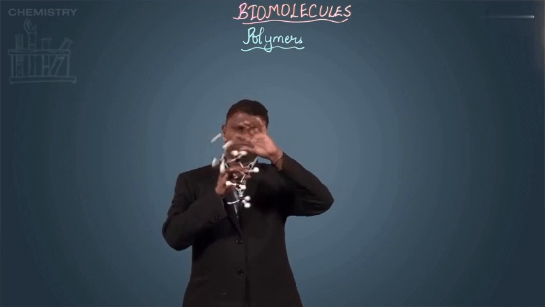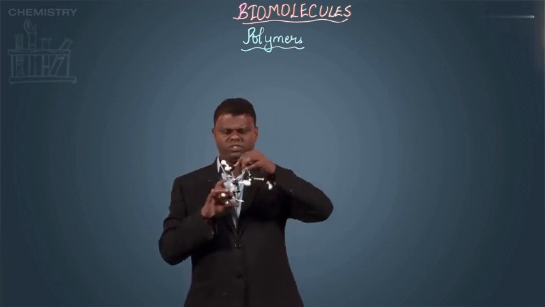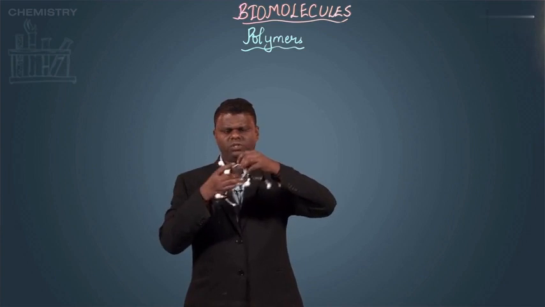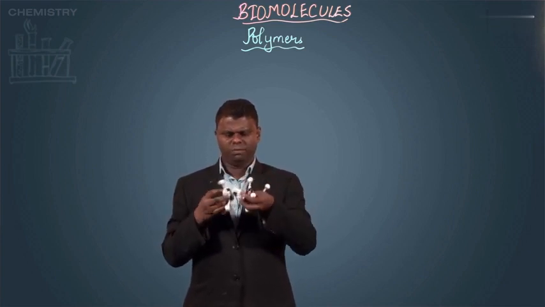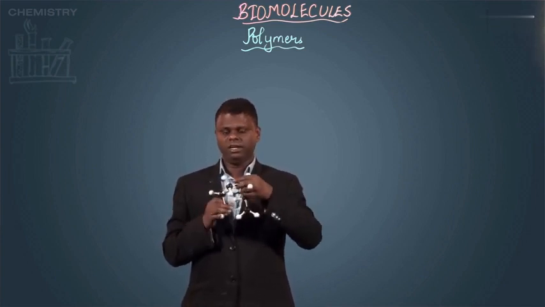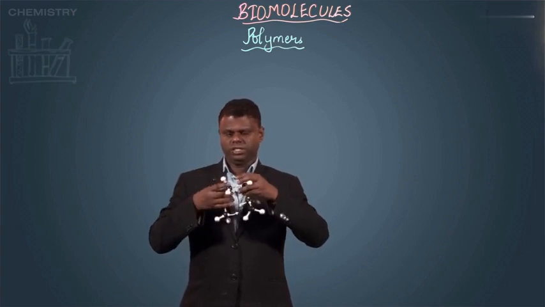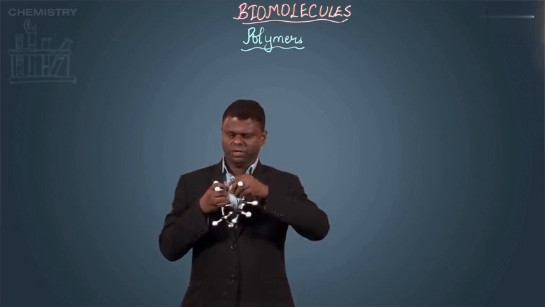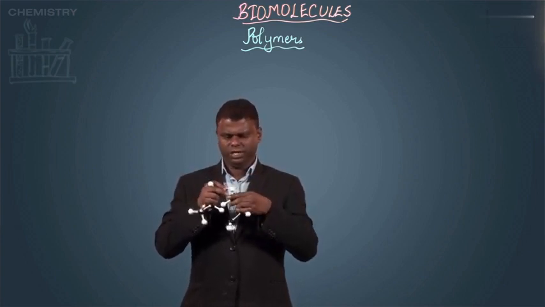Now based on this polymer, you could have different structures. So this is a linear polymer. Now I could have something like a branch, or I could have something like a ring structure. Instead of this, I could have a carbon-carbon ring over here.